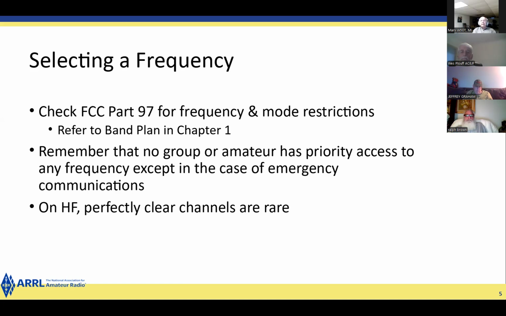And you're going to find quite often in the frequencies that you might have a hard time sometimes finding a clear frequency. So you have to watch, but the big thing is to listen. You find a frequency and you listen, because you don't know.